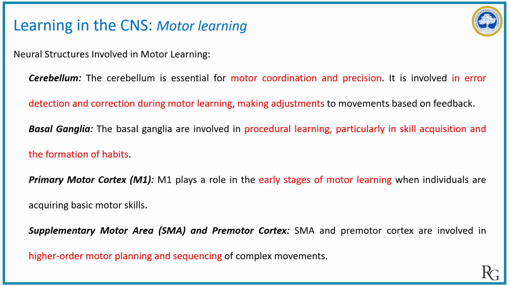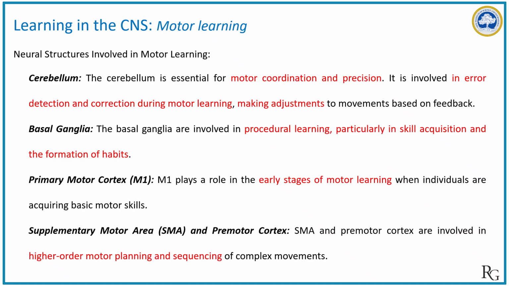And finally, we have the supplementary motor area, also known as SMA, and the premotor cortex. These regions come into the picture when we need to plan the sequence of more complex movements. They are responsible for higher order planning, coordinating movements that involve multiple steps or multiple parts of the body.